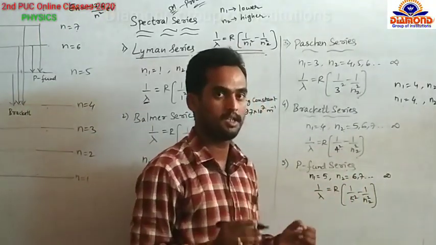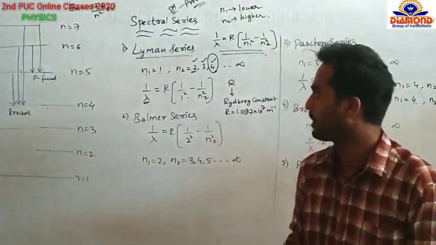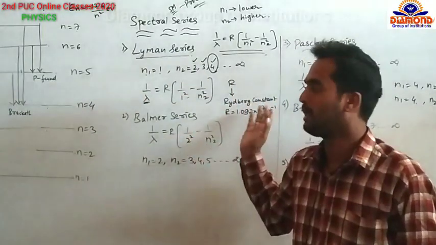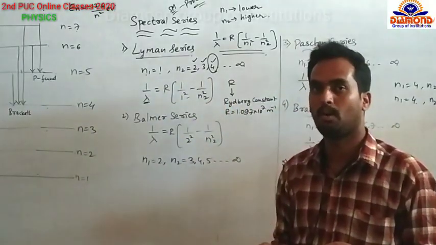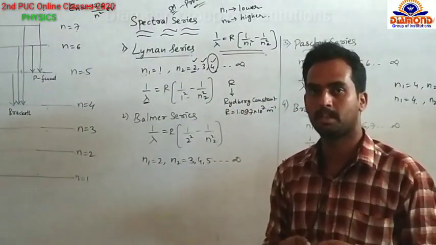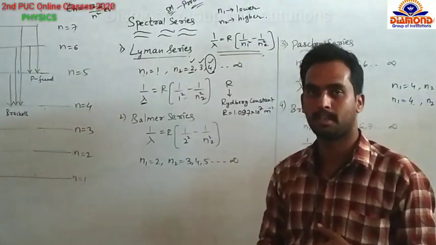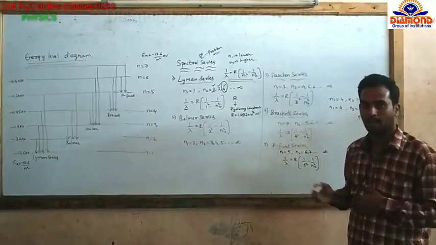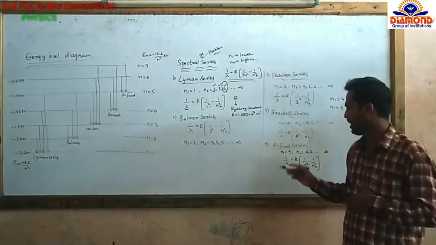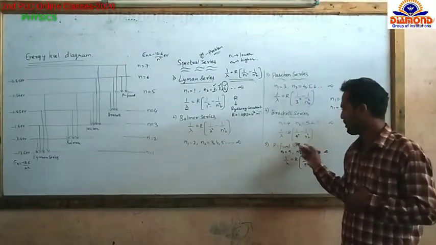That means you can easily remember the names of the series, then you can write the values of the orbit numbers. Remember the order: first series is Lyman series, second one is Balmer series, third one is Paschen series, fourth one is Brackett series, and next one is Pfund series.